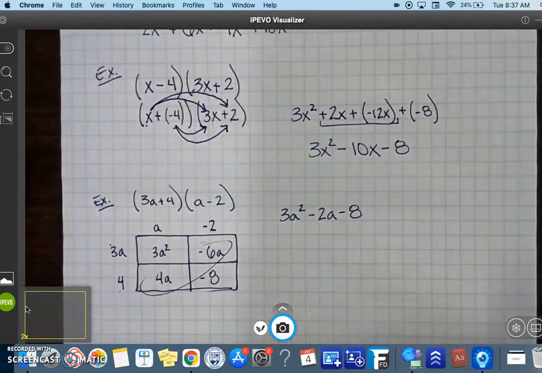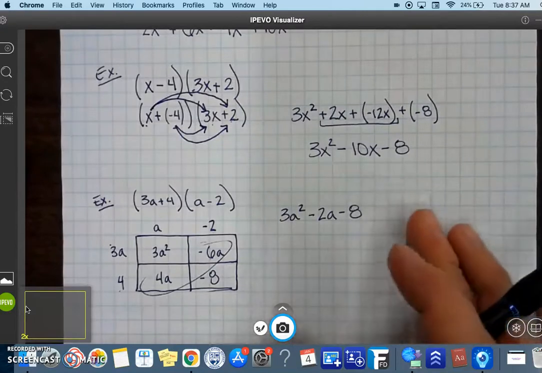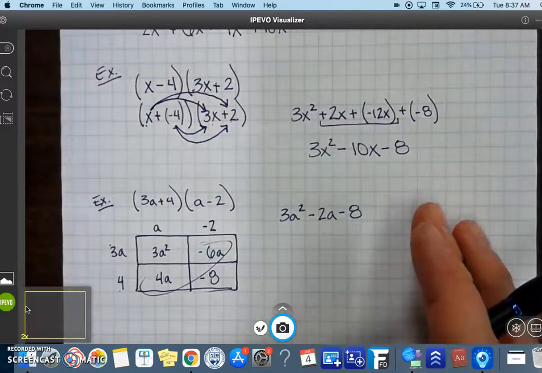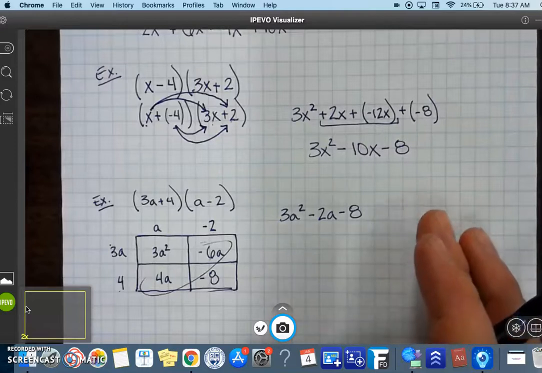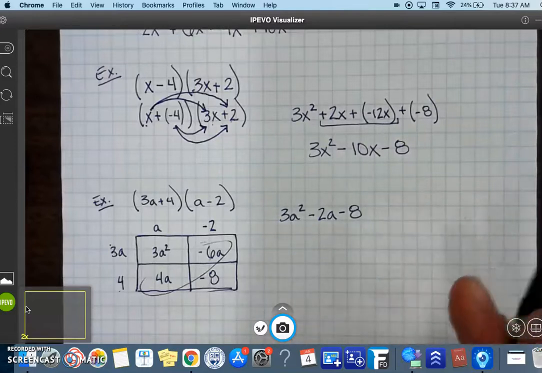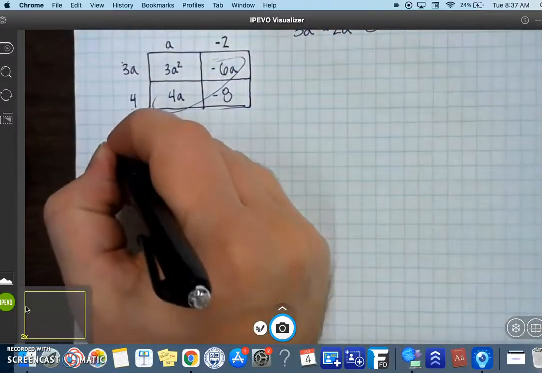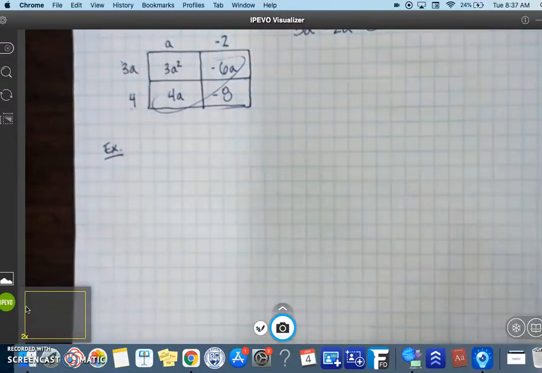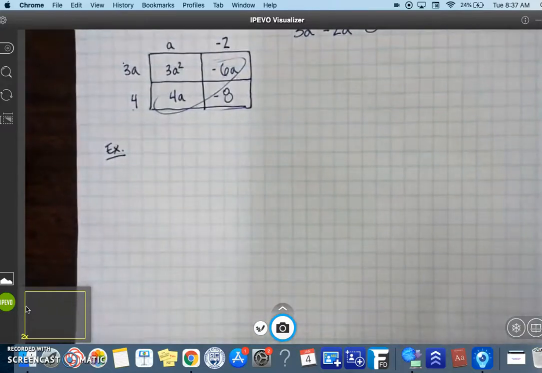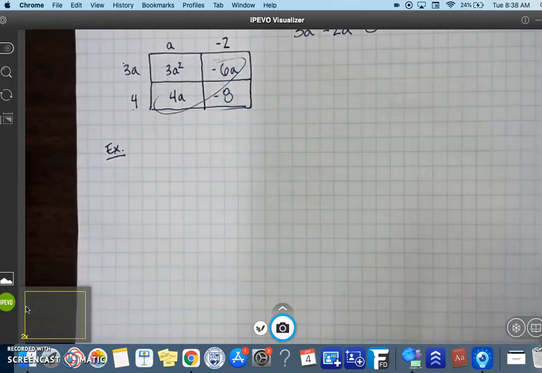So let's look at a binomial multiplied by a trinomial, and I'll show you one last way that you can do this here. And I want to give you some different methods just so that you can choose which works best for you. Hopefully you don't find it too confusing showing the different methods.